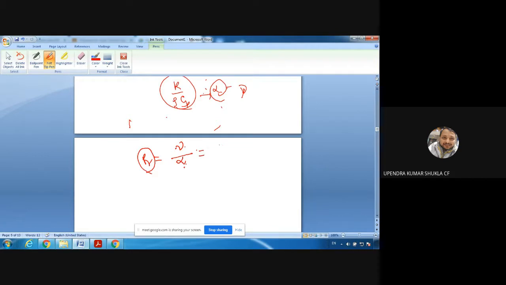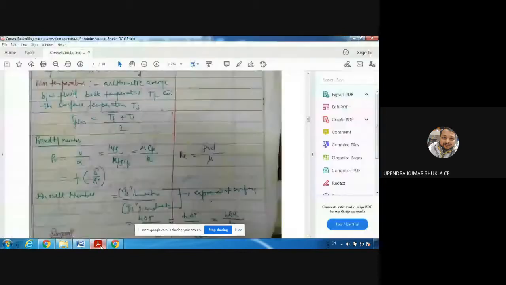Now this is mu by rho, and this is k by rho Cp. The rho will cancel. So what will you get? Mu Cp by k. So this is the Prandtl number, mu Cp by k.